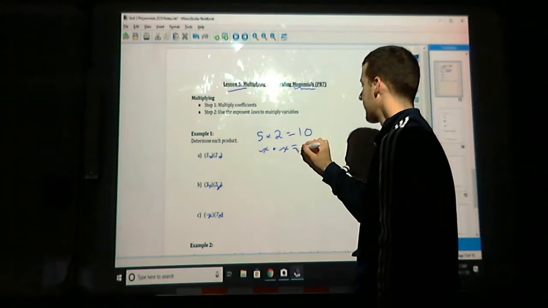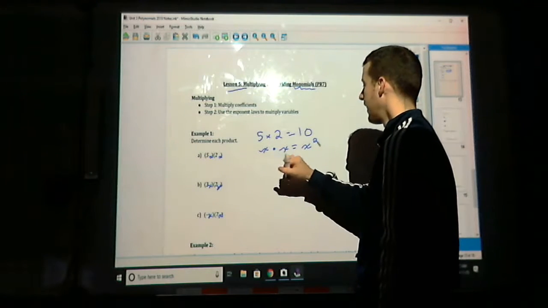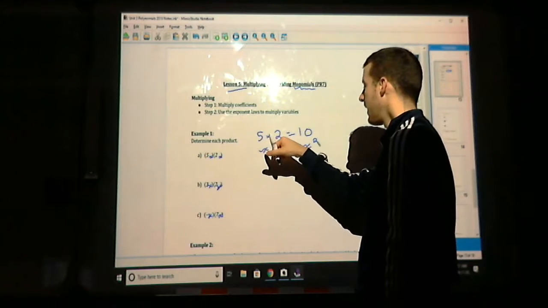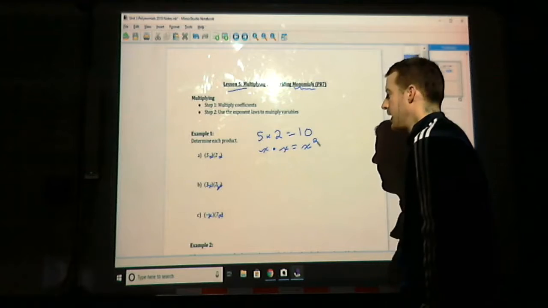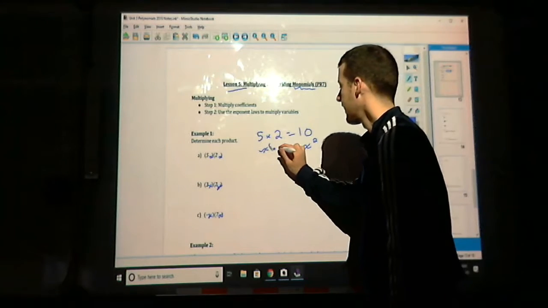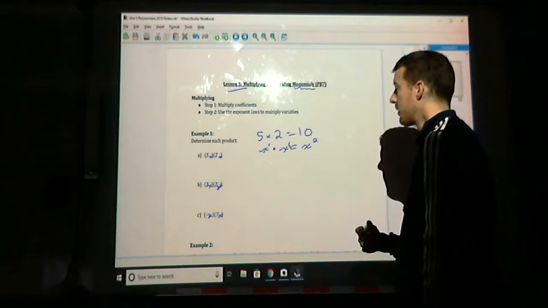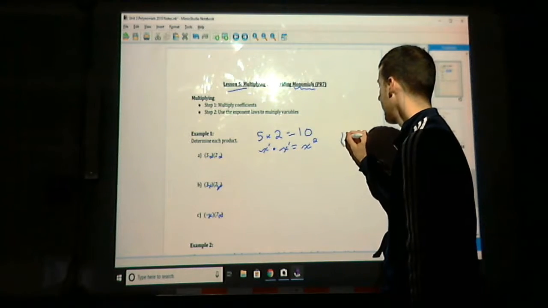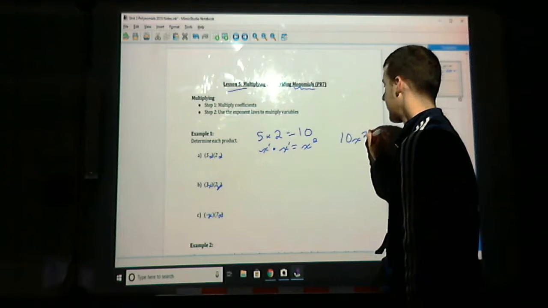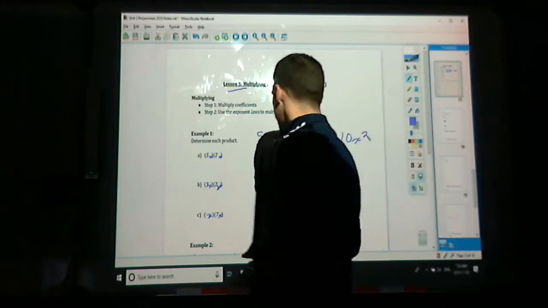So x times x is going to equal x squared. When we multiply them, we add the exponents. This is the same thing as x to the power of 1 times x to the power of 1. Even though we haven't written it, that's really what's going on. So then we just put these together, and we end up with x squared.